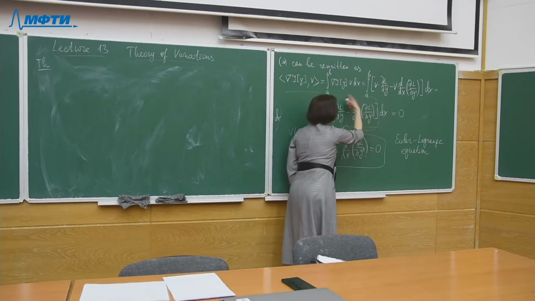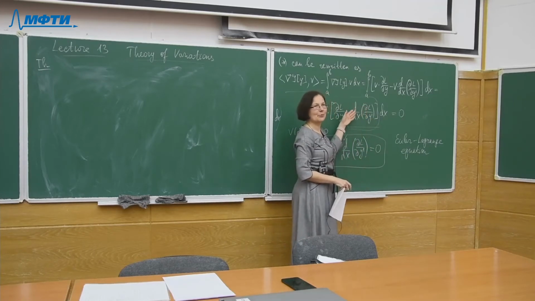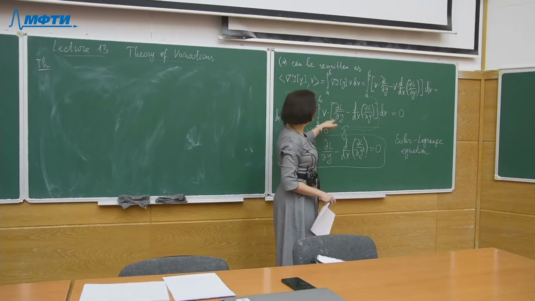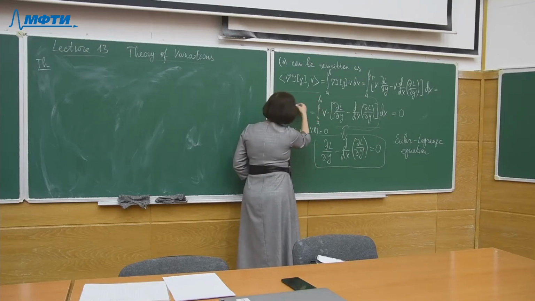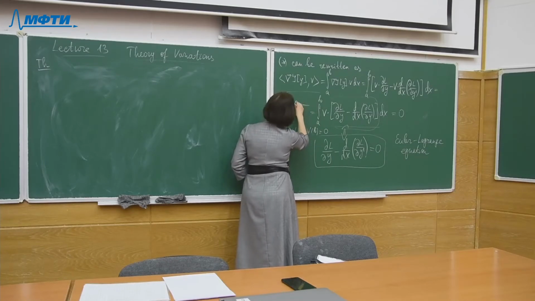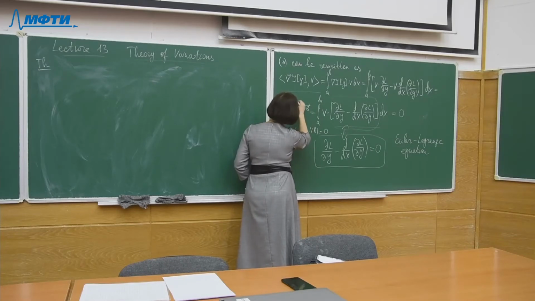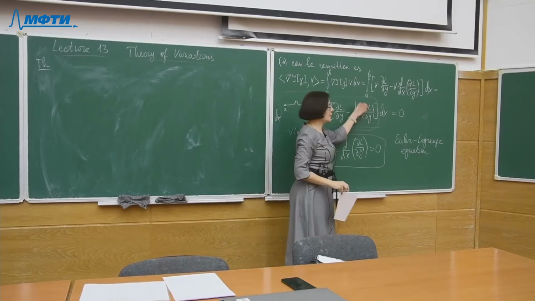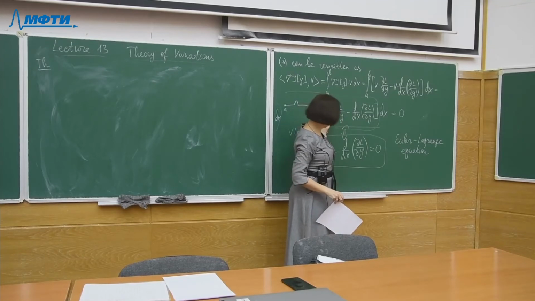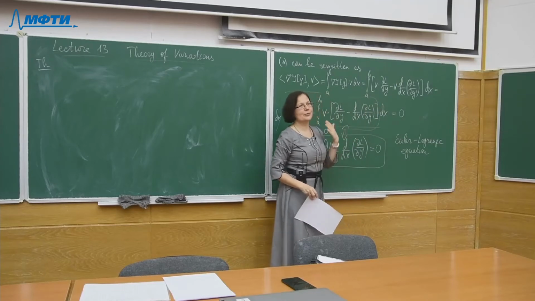Suppose this is not 0, suppose it is greater than 0 at some point. Then we choose v such that it is also non-zero at the same point and 0 elsewhere. So v of this form on a, b is 0 except for this point at which this expression is non-zero. And then the integral of this product cannot be 0. Yes, so these are the reasonings.